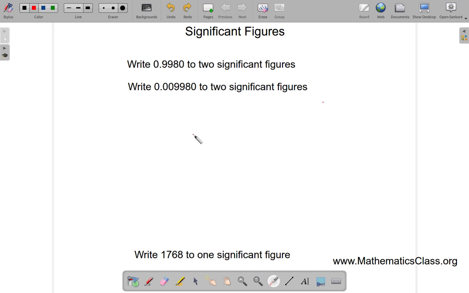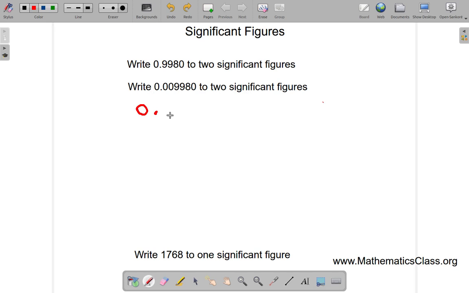No. It's actually to 6 decimal places, but how many significant figures is it written to? It's 1, 2, 3, 4. Remember that this first 9 here is the first significant figure. So this is to 4 significant figures, and you must write it to two significant figures.